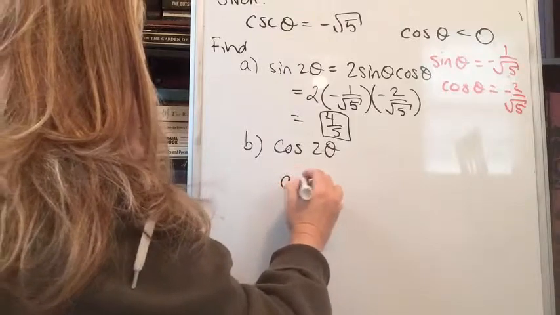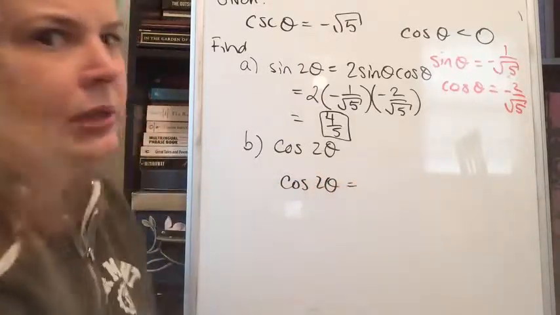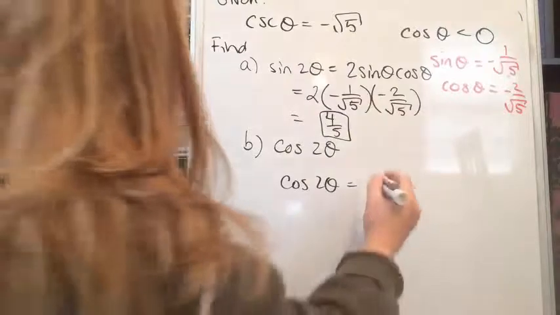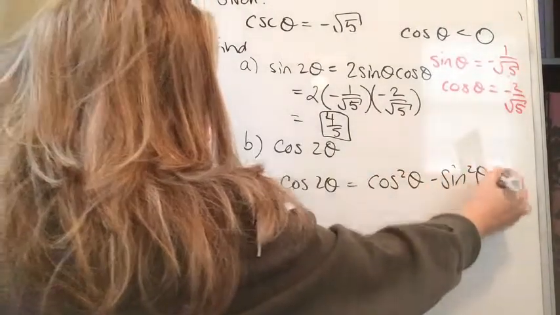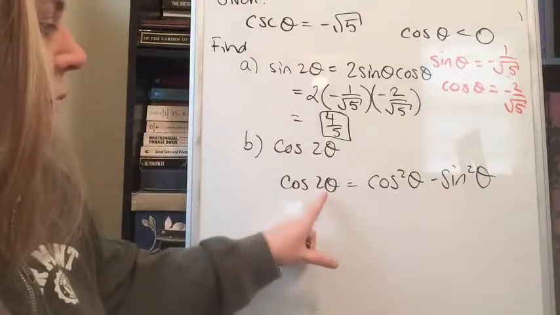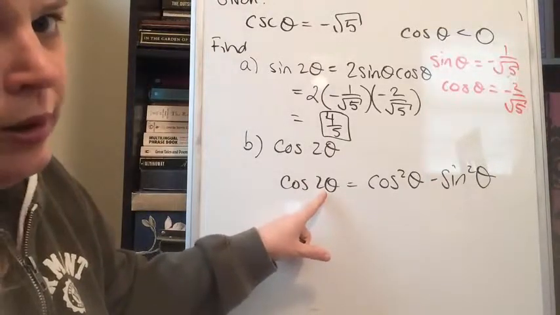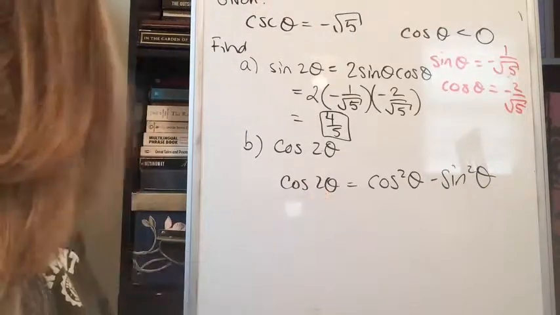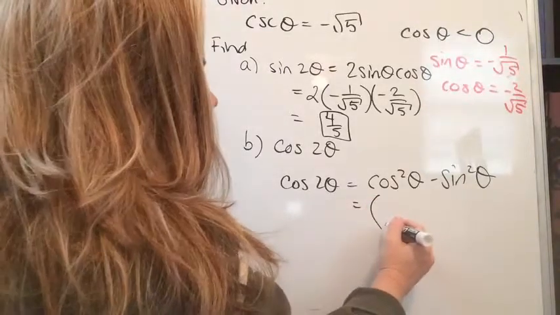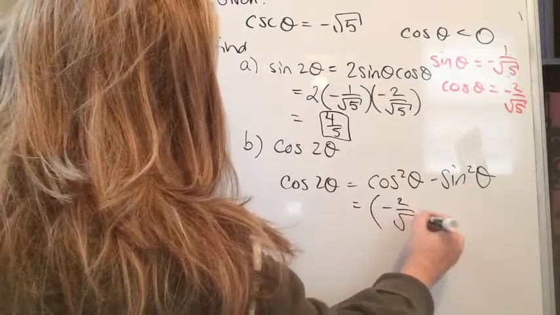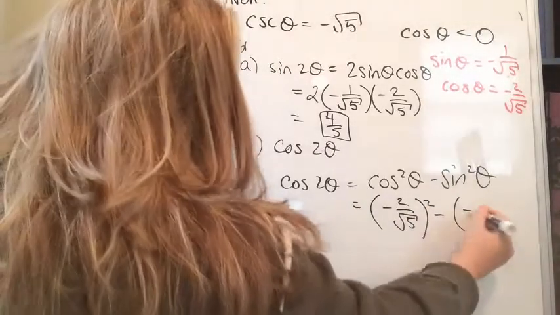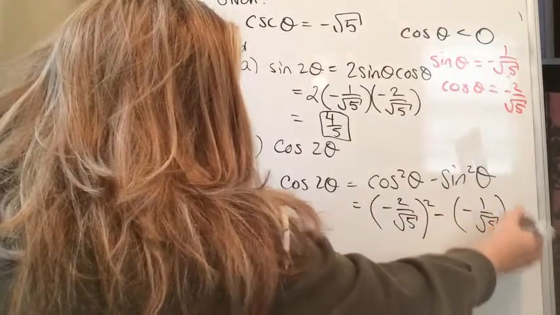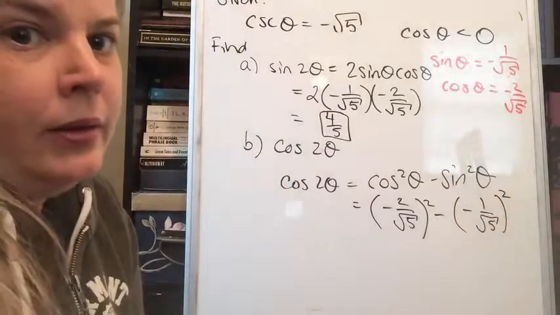Okay, what about cosine 2 theta? Again, there are like 3 formulas you can memorize. I know cosine squared theta minus sine squared theta because I know the sum formula for cosine. All right, so cosine is negative 2 over radical 5, and we're going to square that, minus sine, which is negative 1 over square root of 5, and we're going to square that.